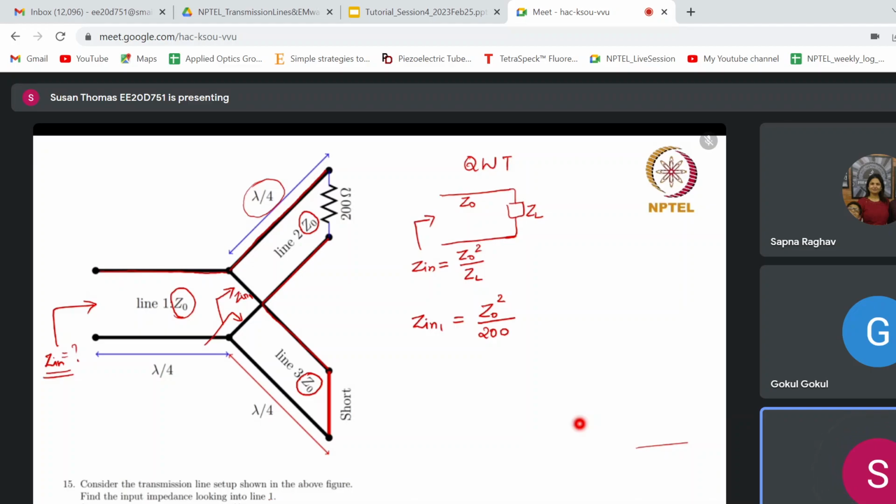Now, in a similar way, let's look at Zin2. Okay. What is Zin2? How do we say Zin2? Zin2 is Z0 square divided by, what is ZL here? This is a short circuit. So, may I know what is ZL?